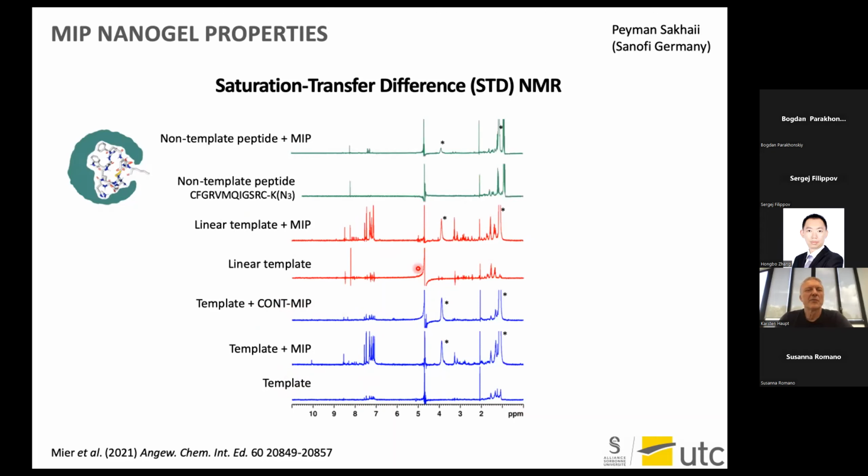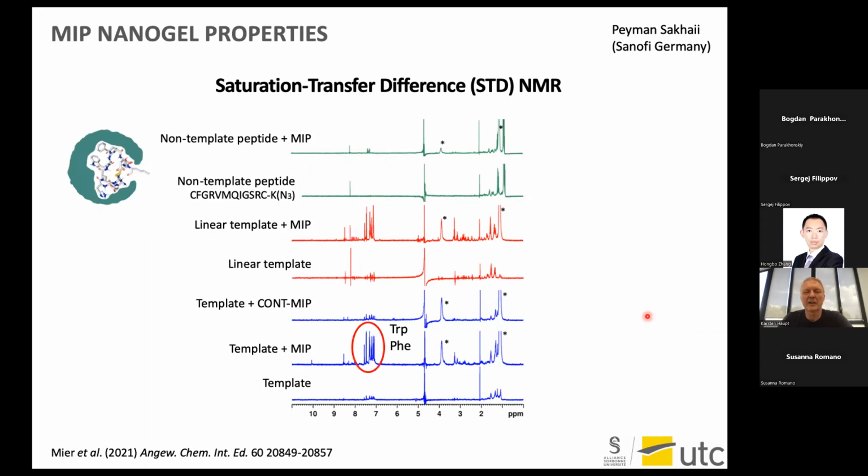And now if we use the non-template peptide, the control peptide that I showed, nothing happens again. So we don't have any STD effect. So this really shows that we have a very tight binding of our peptide in a cavity in the molecularly imprinted polymer synthetic antibody.